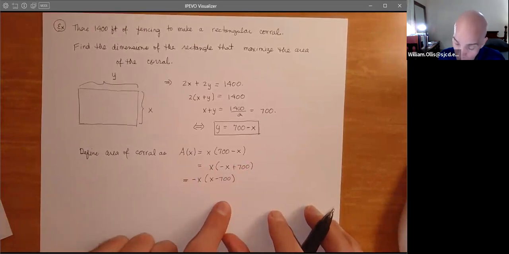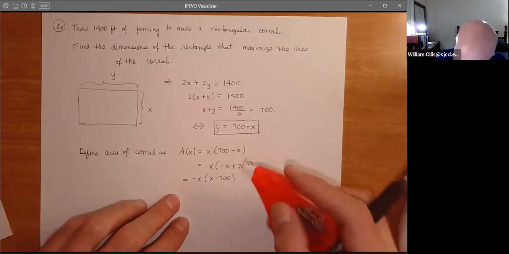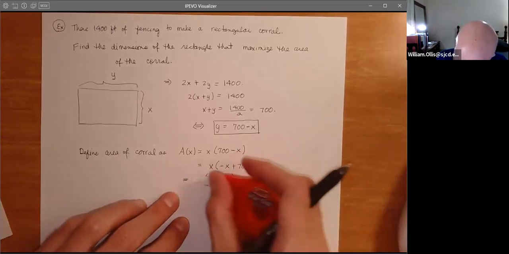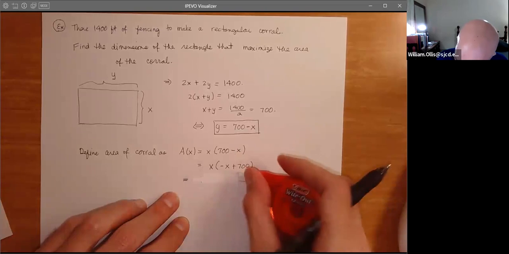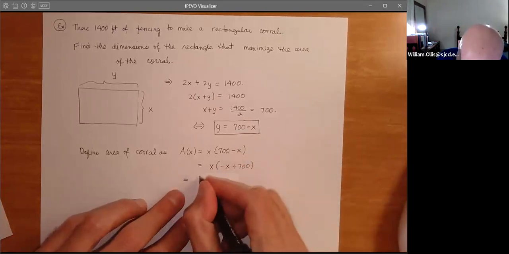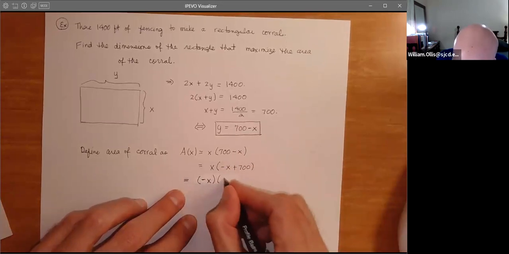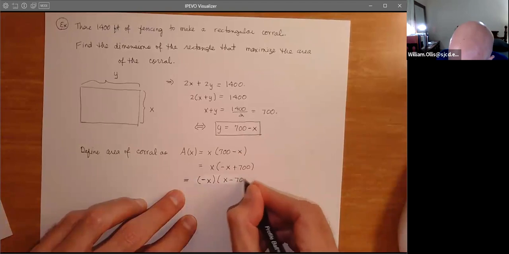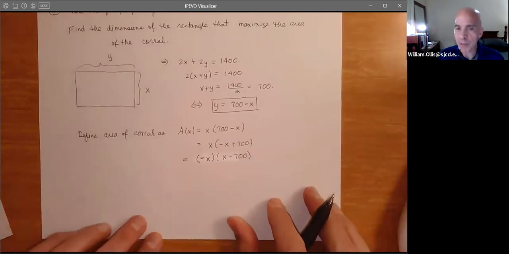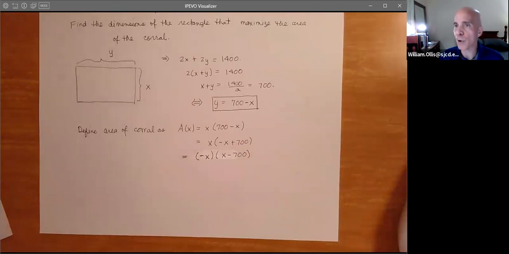Just factor the negative, there's no x to factor. Forgive me, just factor the negative. There we go, that looks a little bit better. So now this is set up for zero factor. It's so simple, it's hard.